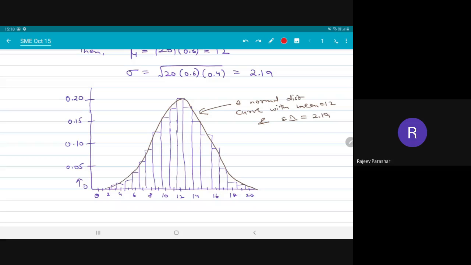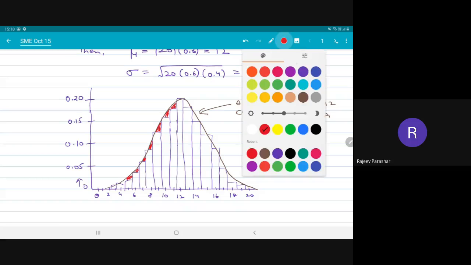Now the issue is these red portions are those pieces which are under the normal curve, but they're not part of our histogram for the binomial distribution.